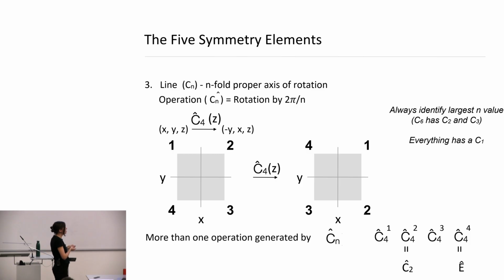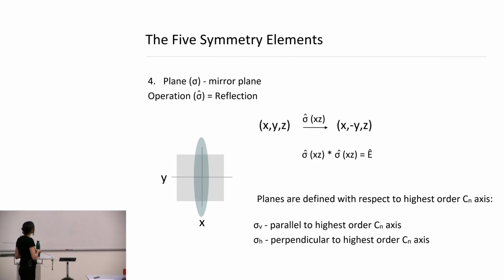When I do a C4 4 times, or a full 360 degree rotation, that is now, of course, the equivalent of the identity. And these are just formalized mathematical classifications that we need to be aware of in order to eventually construct our character tables. Okay, and so the next symmetry element is a plane, or a mirror plane, which we denote as sigma or as a sigma hat.